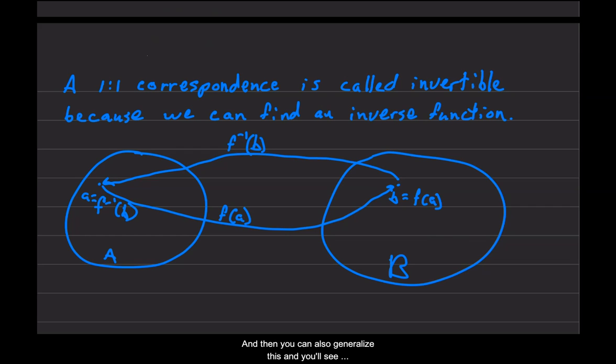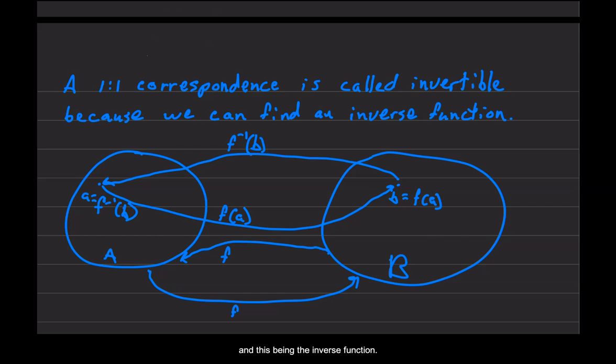You can also generalize this, and you'll see just an arrow from set A to set B defined as f, and an arrow from set B going over to set A, this being the inverse function.